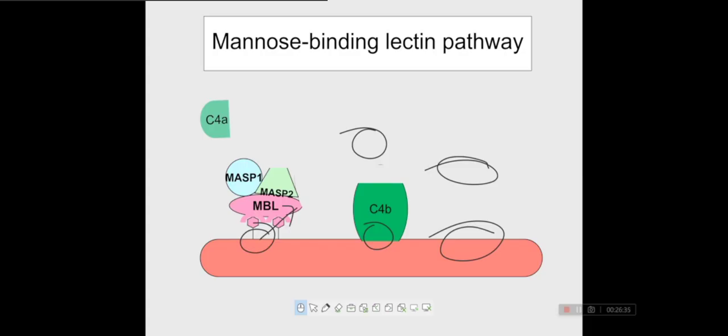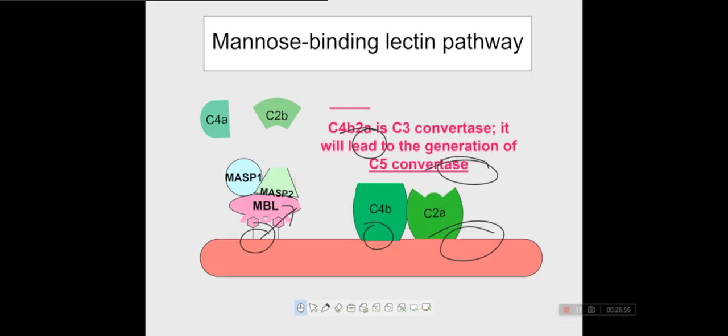C4b is the larger component, so it will remain, and C4a is released into the environment. Now C2 is cleaved into C2a and C2b, right? They form a C3 convertase.